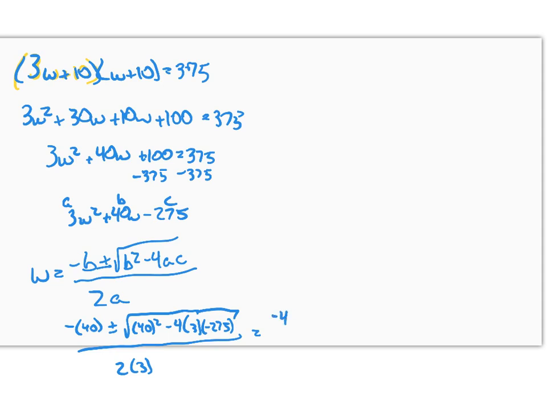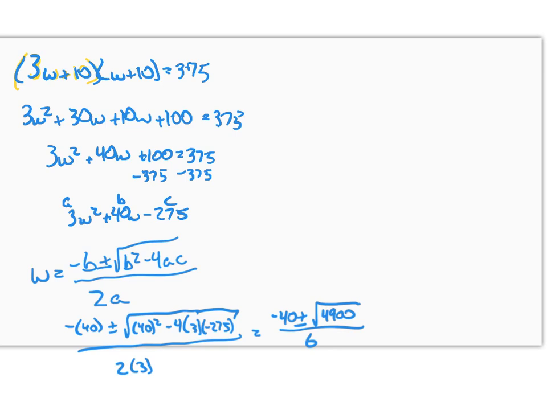So you get negative 40 plus or minus the square root of 40 squared minus 4 times 3 times negative 275, which is 4900, plus or minus the square root of 4900 all over 6.